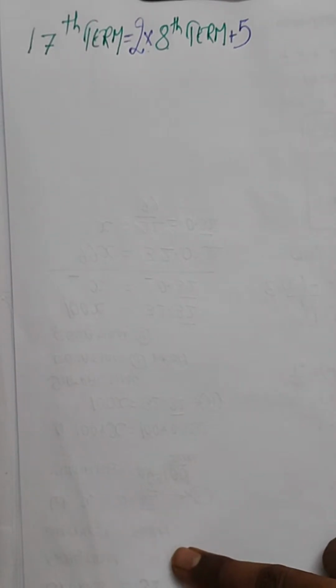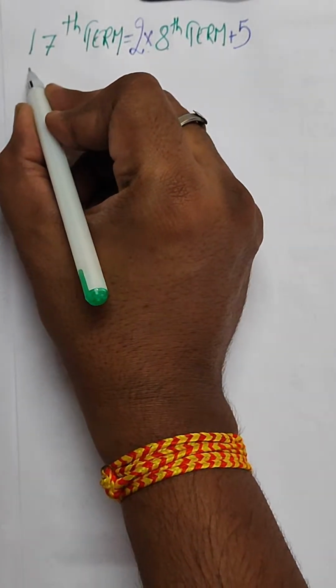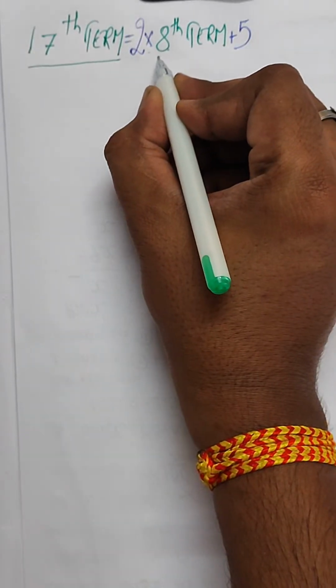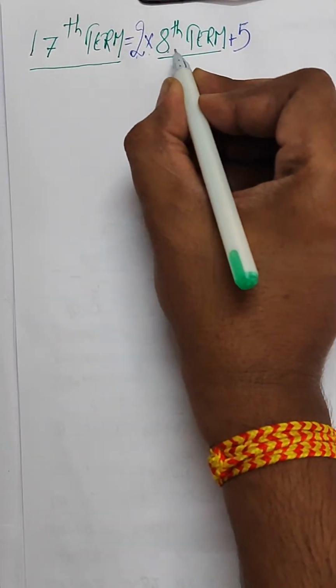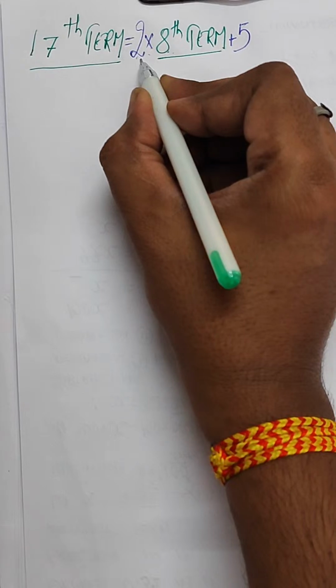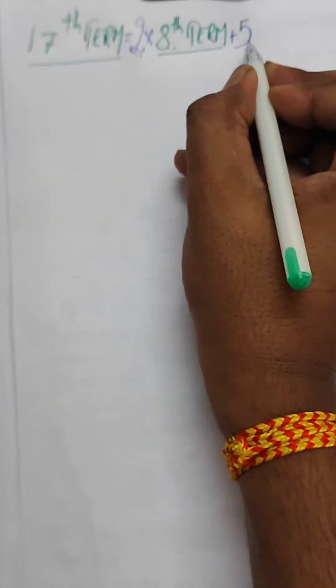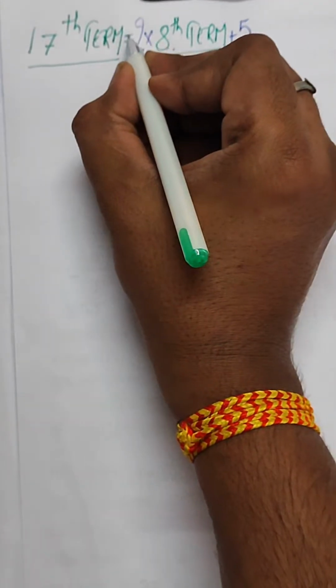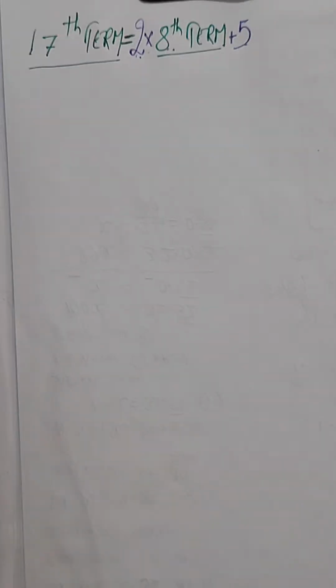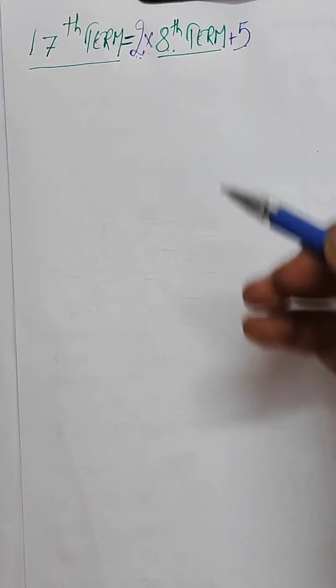Now the question is clear that the 17th term of the AP is 2 times the 8th term and 5 more. So just to equate it, we just added 5 to it, and this equation will be formed, right?